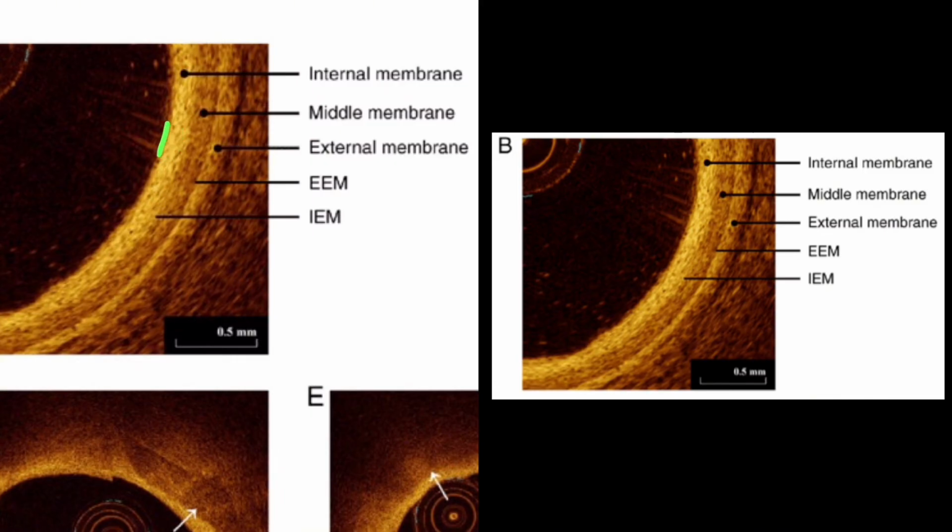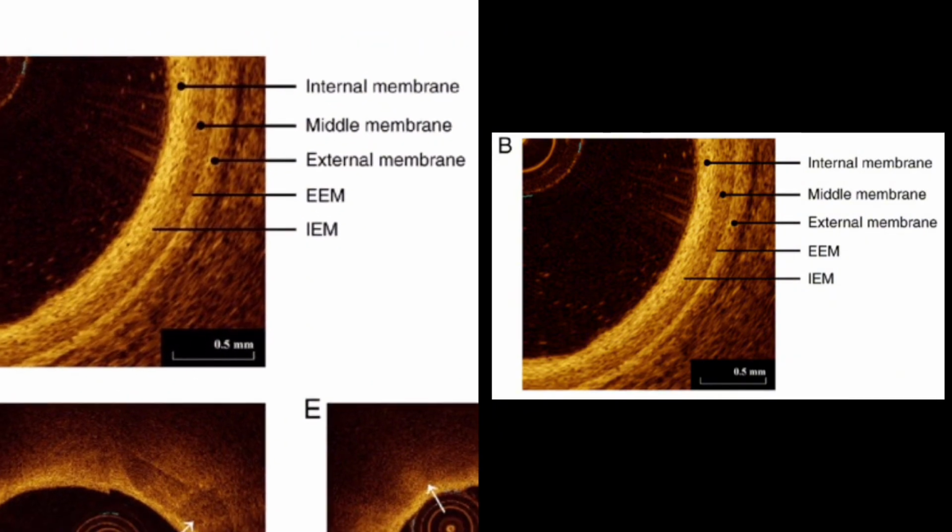Well, there are more layers than that to a vessel. You have the endothelium over here, then the internal elastic membrane and the external elastic membrane that wall off the media. The media would be in between the two.